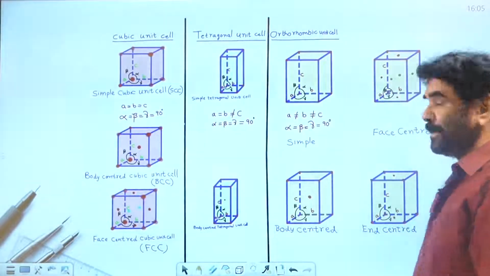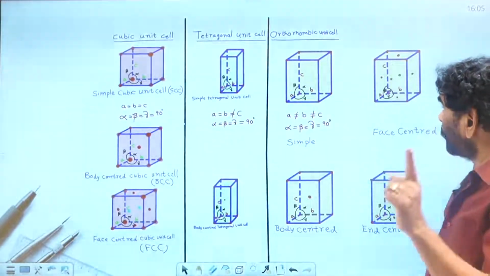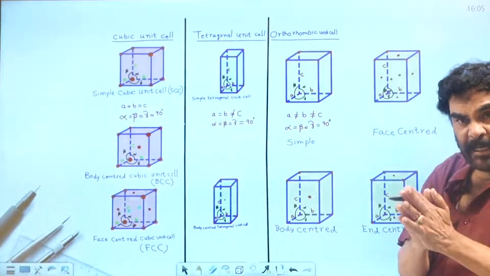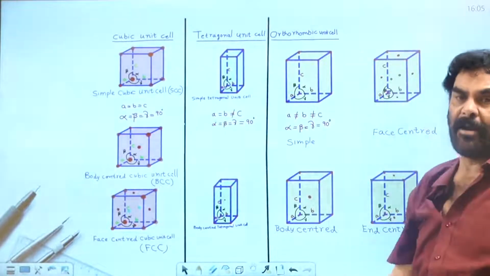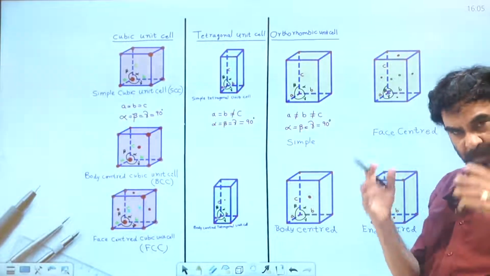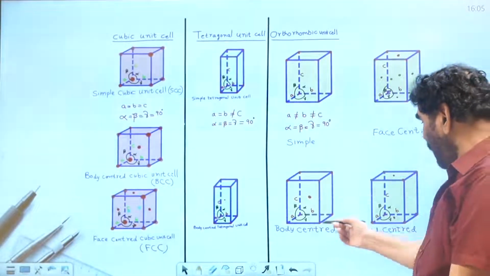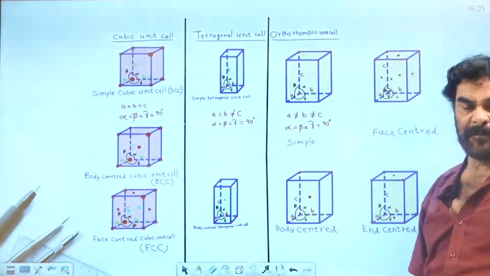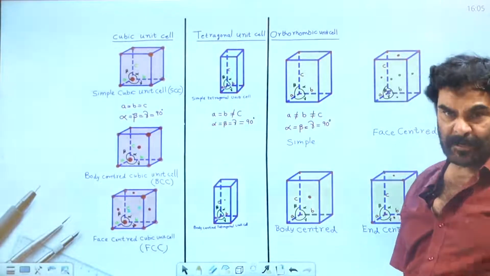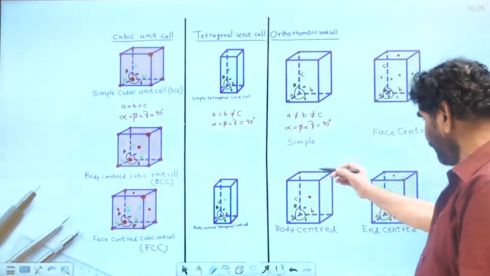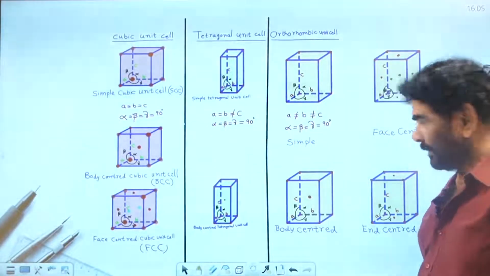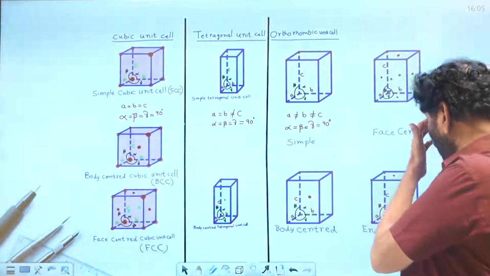Bases are distributed. Here, one only at the corners, the simple way. Four are possible here. In the orthorhombic unit cell, lattice points can be only at the corners. And the second one is the body centered arrangement, where the lattice points are at the corners also, 8 plus 1, 9, this being the body center. All four are possible.